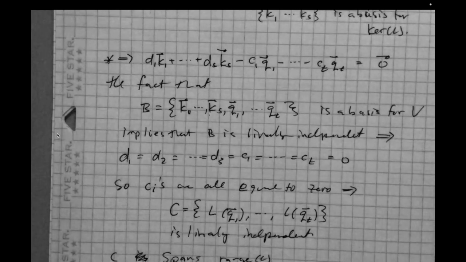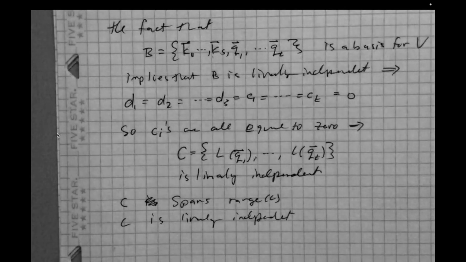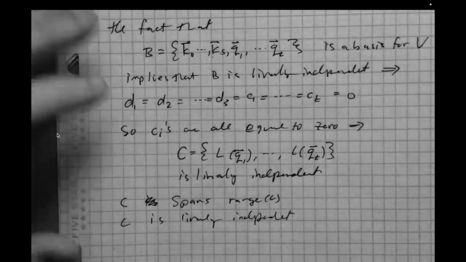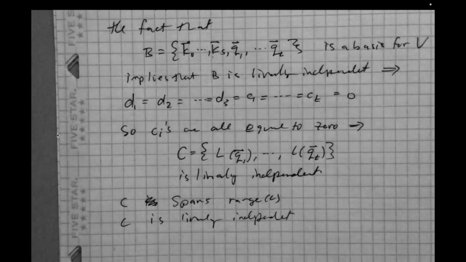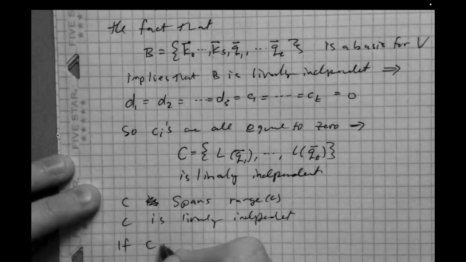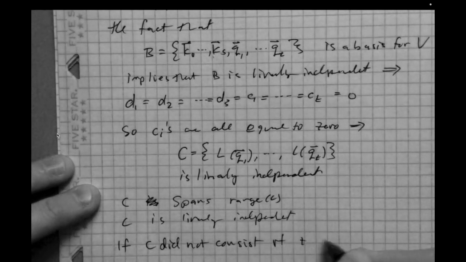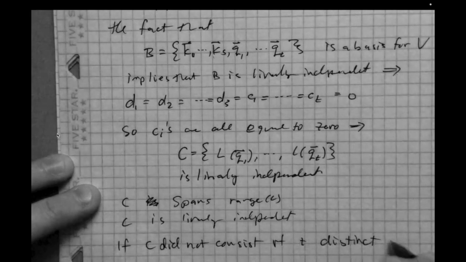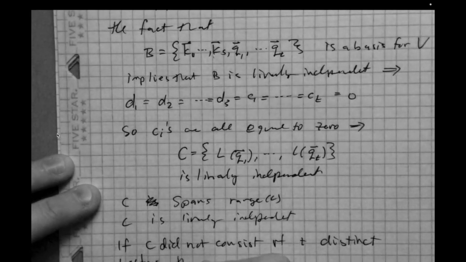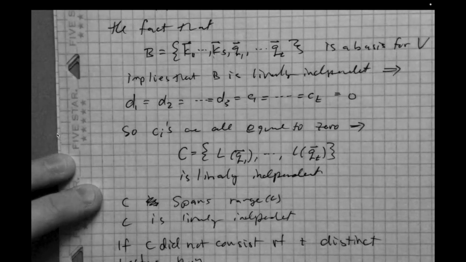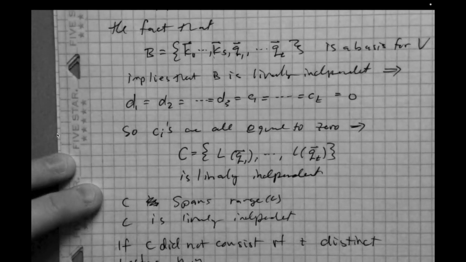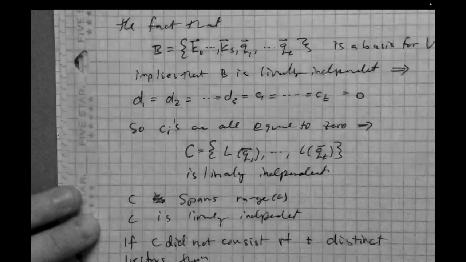Well, it comes along with the fact that it's linearly independent. If C did not consist of T distinct vectors, then this couldn't have been true: C1 LQ1 plus dot dot dot plus CT LQT equals 0.